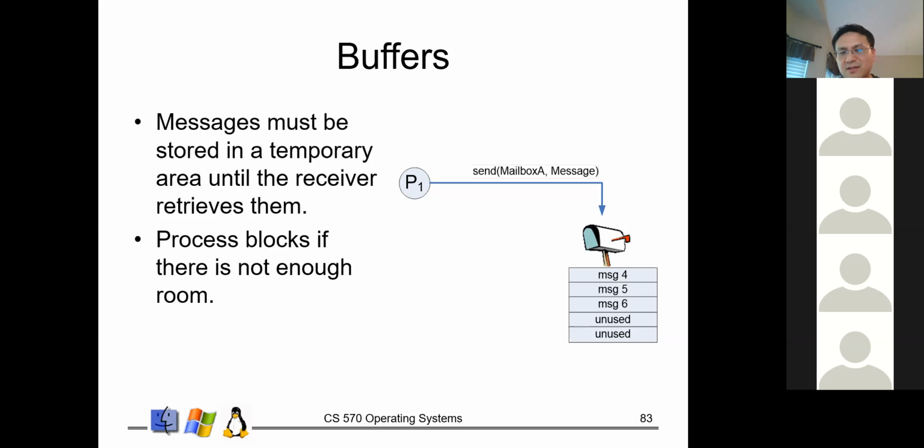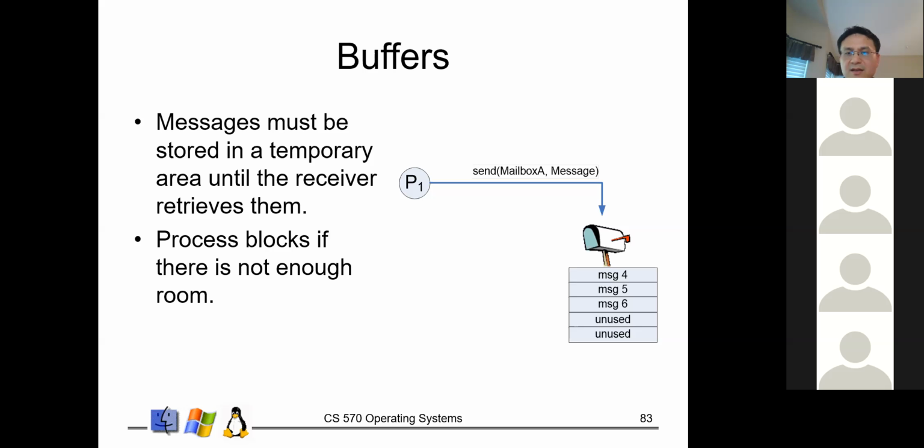The receiver just needs to call receive. Remember those two system calls I just talked about? So there is a buffer maintained by the operating system between the sender and the receiver. This buffer will not be accessed directly by either the sender process or the receiver process.